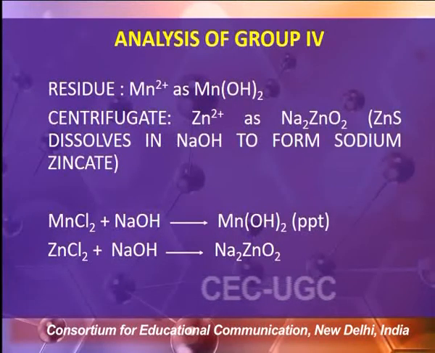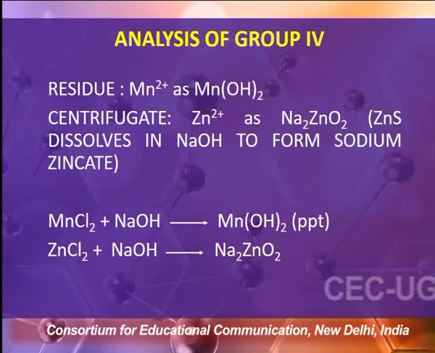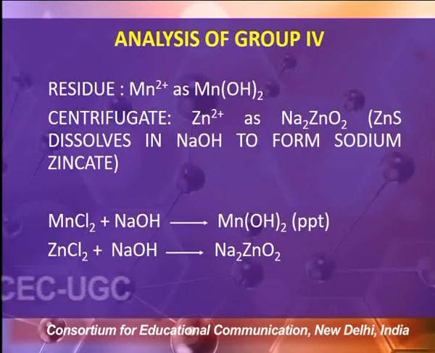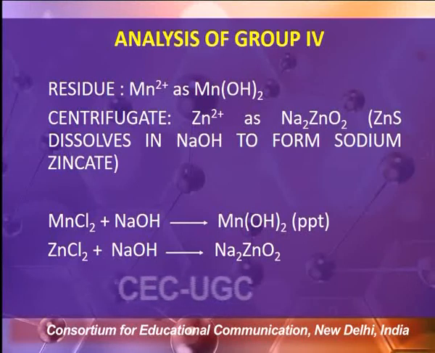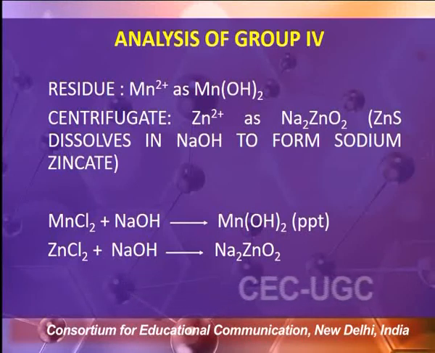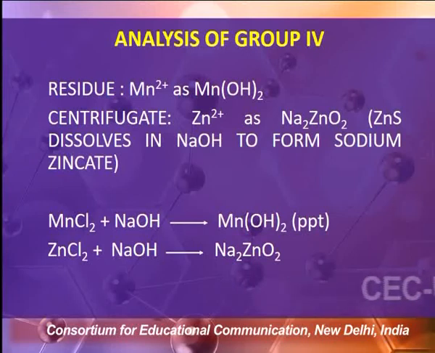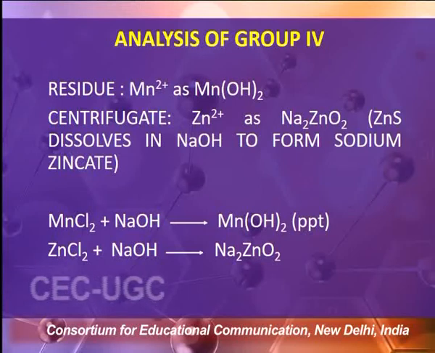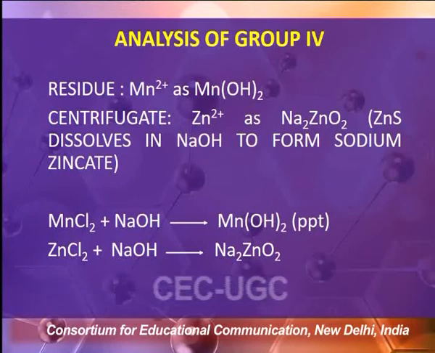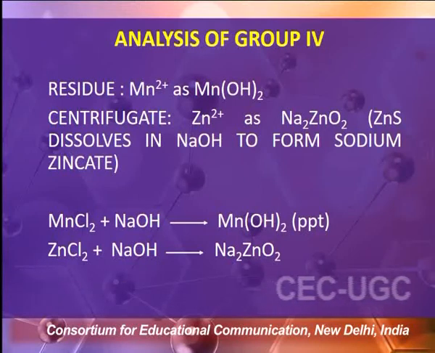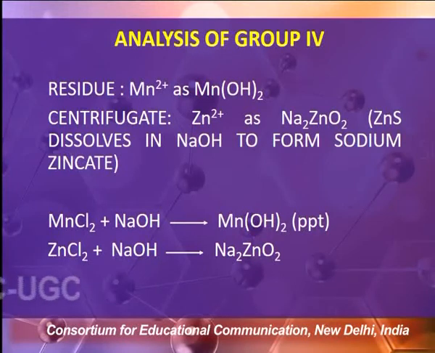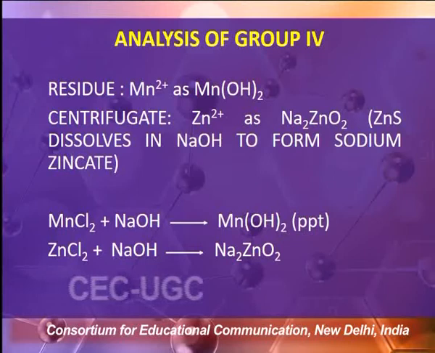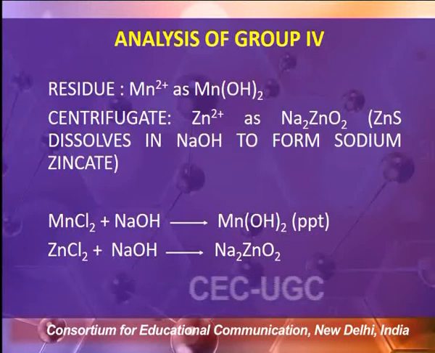The residue, if obtained, contains manganese as manganese hydroxide, and in the centrifugate we test for zinc as sodium zincate. Zinc sulfide dissolves in sodium hydroxide to form sodium zincate, whereas manganese reacts with sodium hydroxide to form manganese hydroxide precipitate. This is how the chemistry is explained in the following equations.